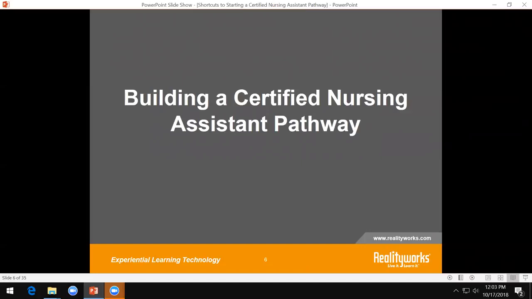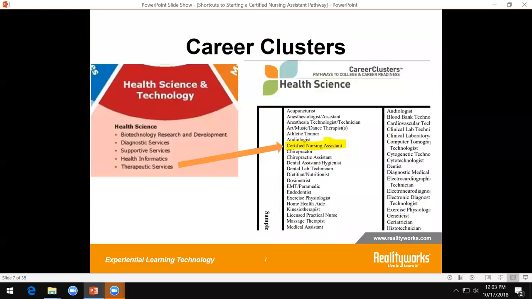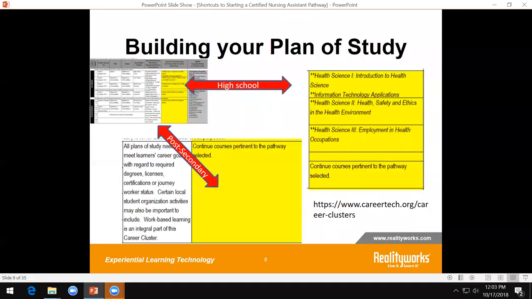So let's take a look at the pathways that pertain to the health science career cluster. Many of you probably already know that the 5 pathways within the health science career cluster are biotechnology research and development, diagnostic services, supportive services, health informatics, and therapeutic services. And a CNA course of study falls squarely within that therapeutic services pathway.